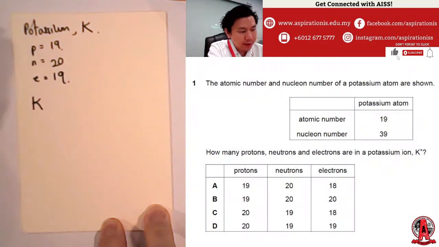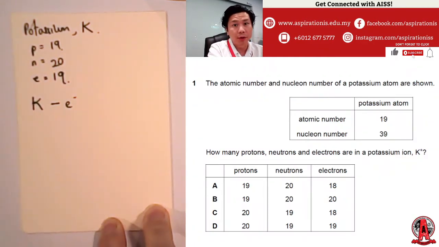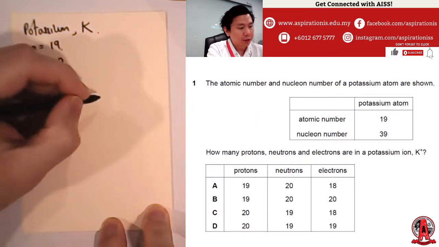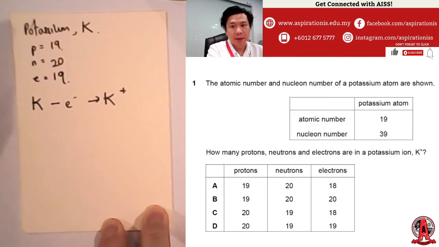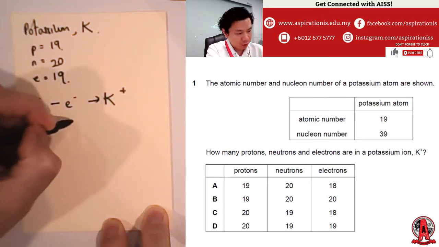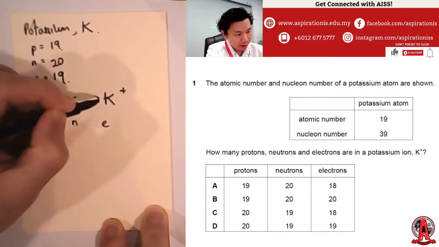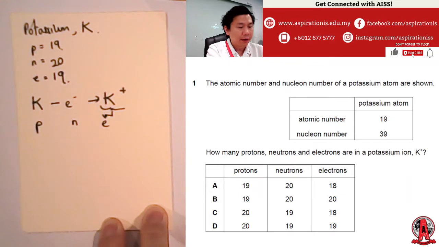What happens is the atom has donated electrons. Metal atoms are substances that donate electrons, so you're going to get potassium ions. Now the question is, how many protons, neutrons, and electrons are there in an ion of potassium?